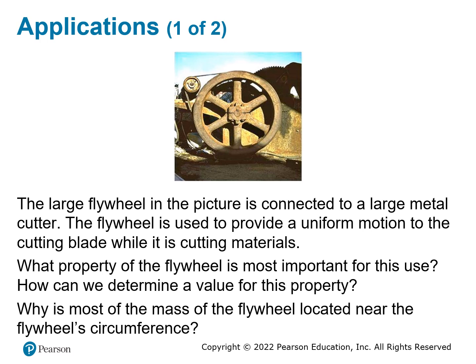And let's look at some applications. Why do we care about this? If you have a flywheel, like the picture shows, connected to another big piece, the flywheel will provide a uniform motion to make the cutting blade cut the materials. So the property of the flywheel is the focus that we want to know.